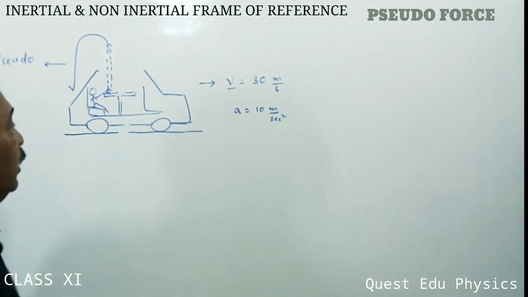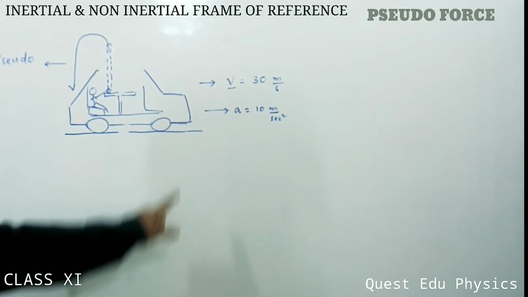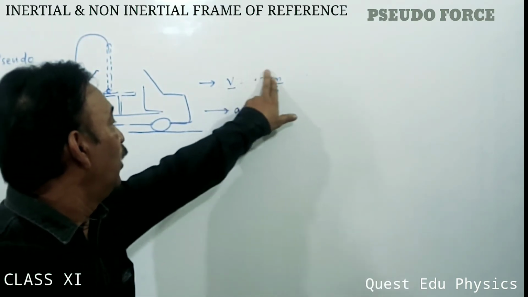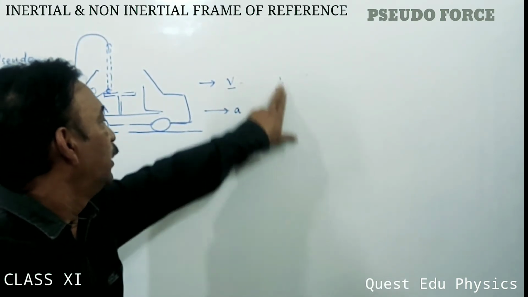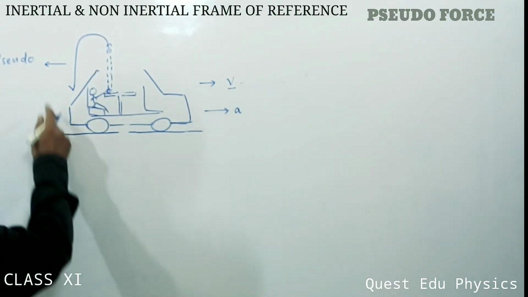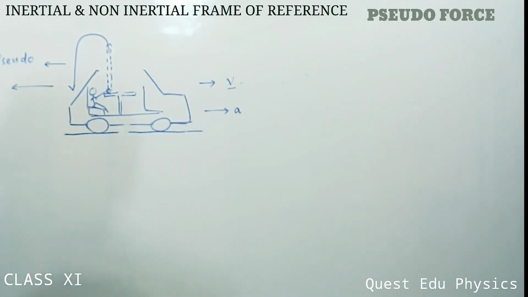Okay, students, here it is accelerating in forward direction with an acceleration of a. Just think it is a and velocity is v. Then what happens? A force will act on the body in the opposite direction to the acceleration. This is known as the pseudo force.